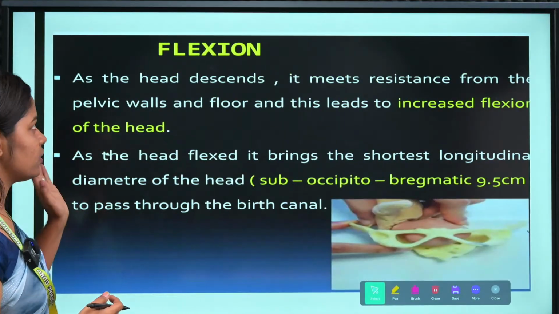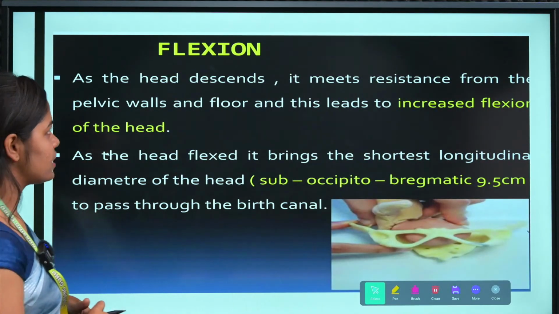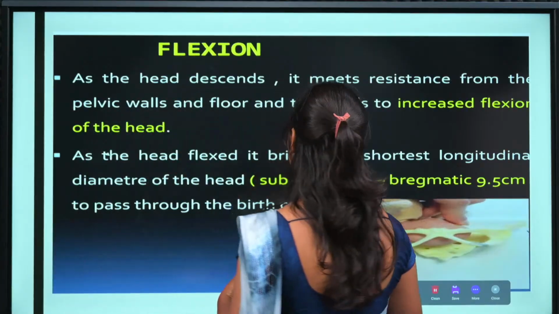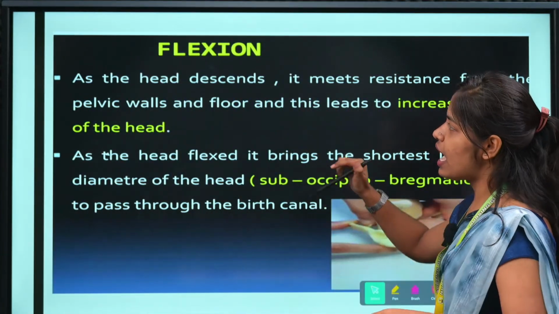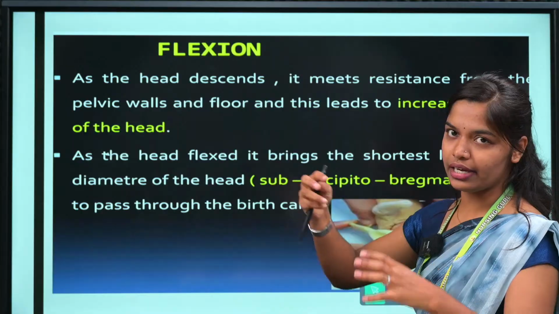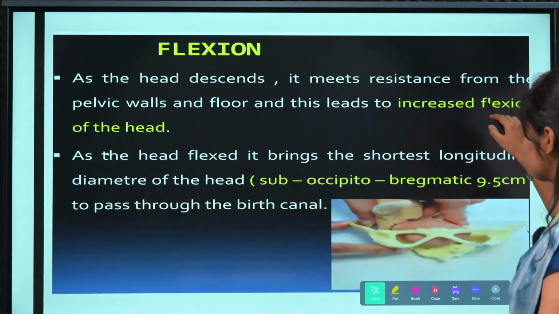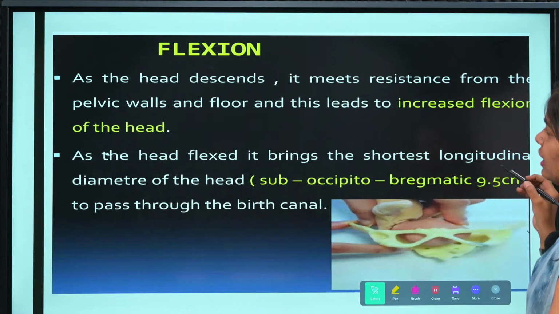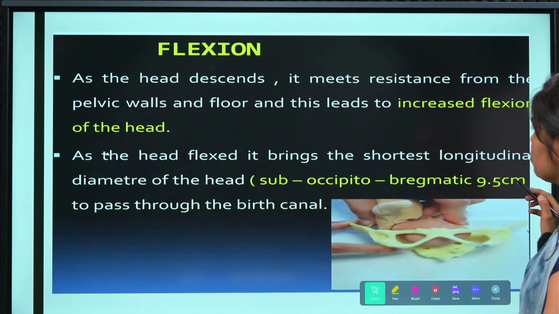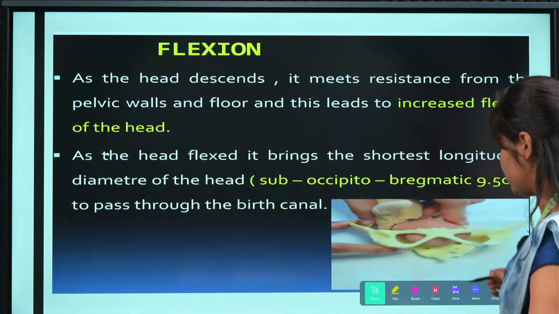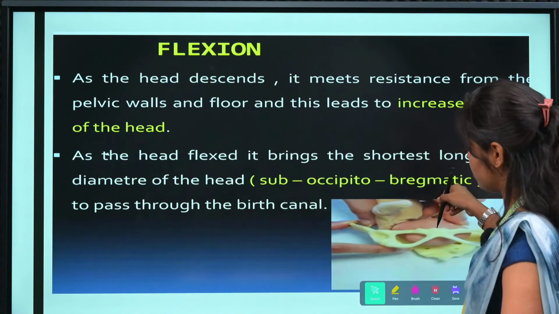This is the second one. Then the third step of the mechanism of labor is flexion. As the head descends, it meets resistance from the pelvic wall and floor, and this leads to increased flexion of the head due to the continuous descent.